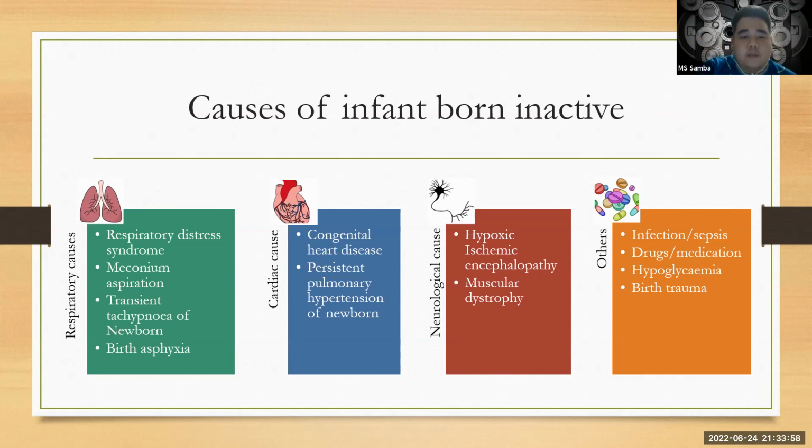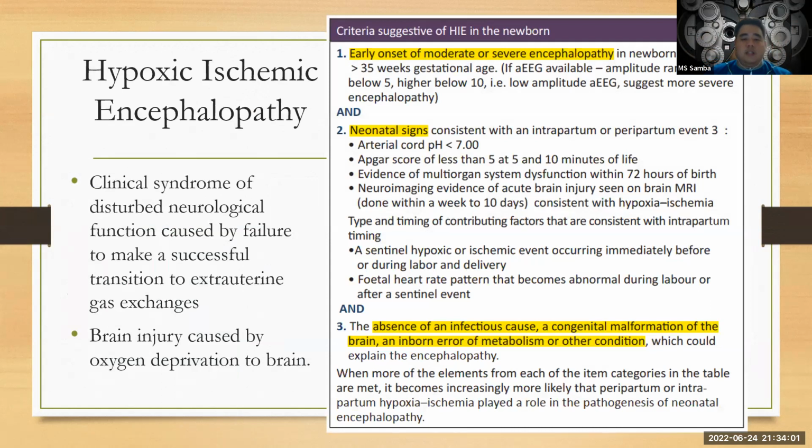Aside from that, there are a few other causes that I would like to touch on. For example, neurological: encephalopathy, specifically hypoxic ischemic encephalopathy, which is actually a brain injury due to oxygen deprivation. As you can see in the table here, this is the criteria to diagnose hypoxic ischemic encephalopathy.